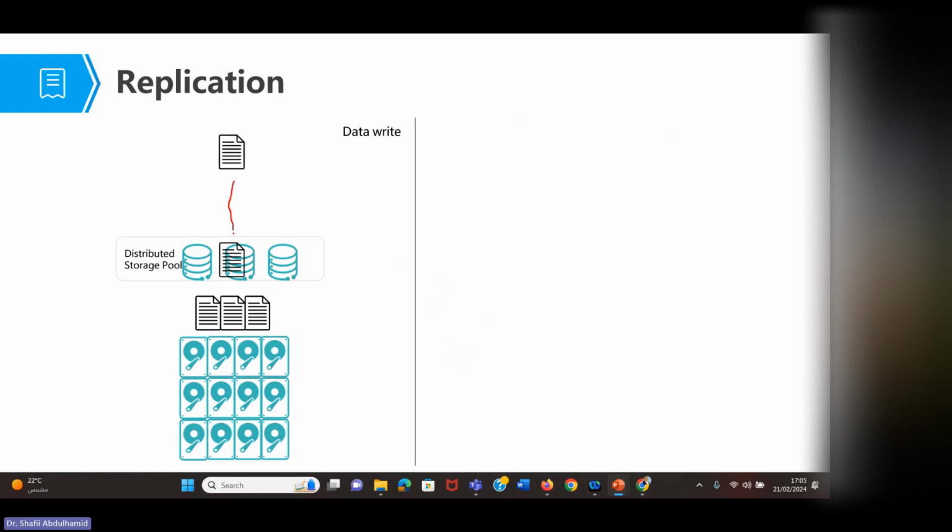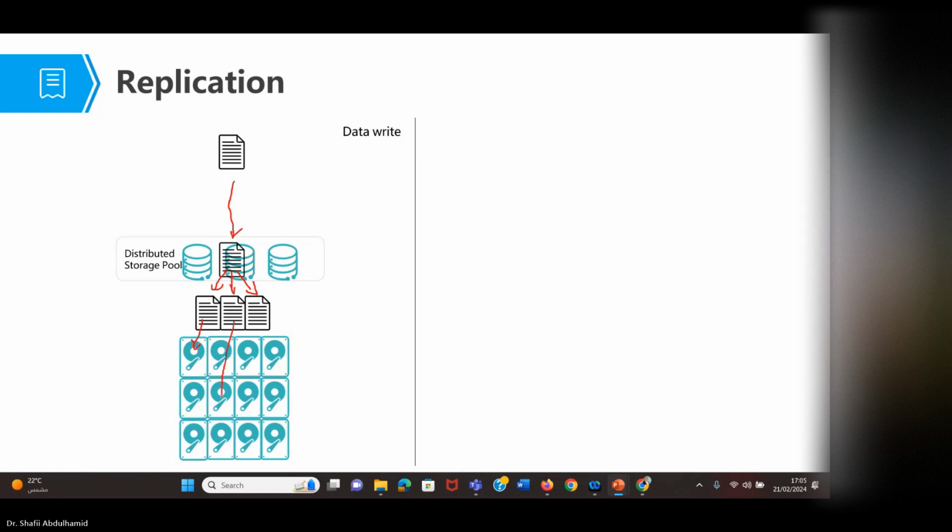This is the same file that comes here, and then when it goes into the distributed storage pool, it will be divided or replicated into three before it goes into storage.